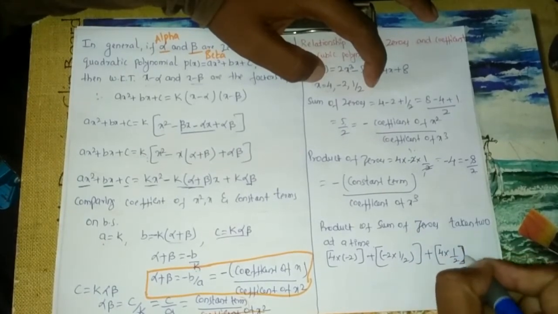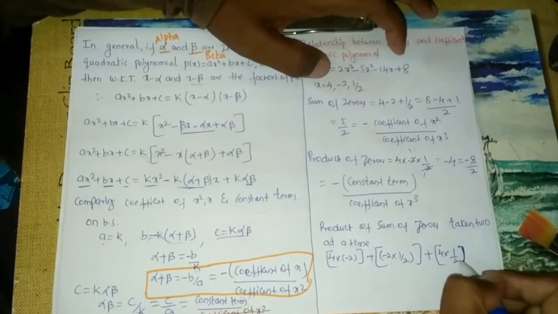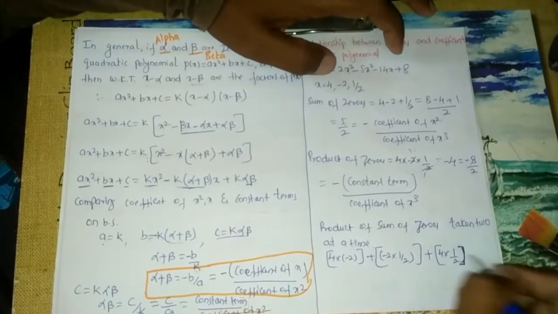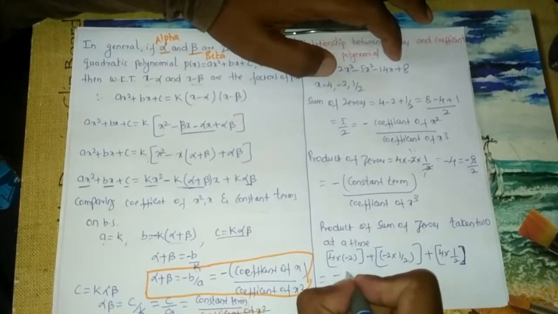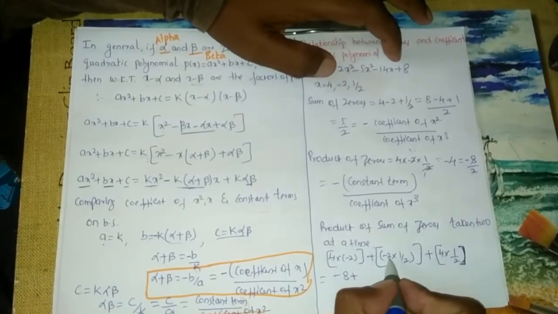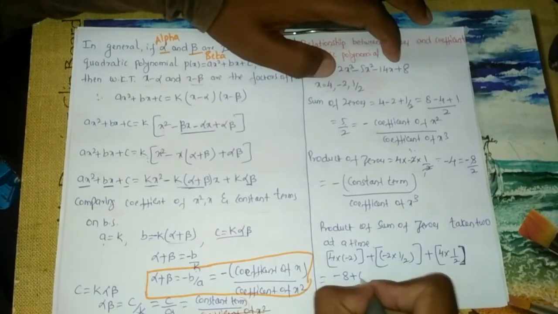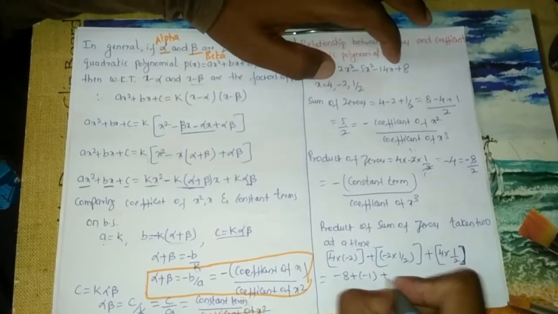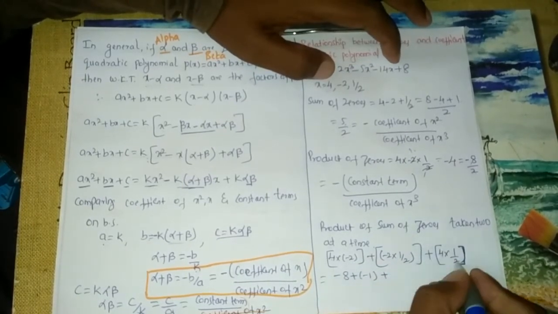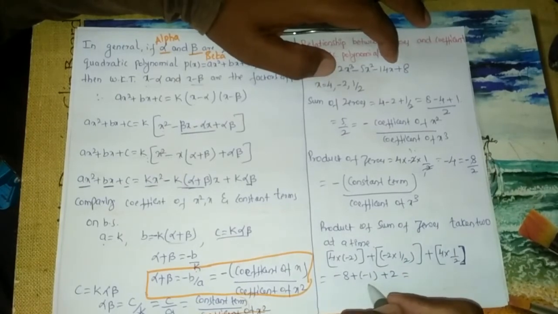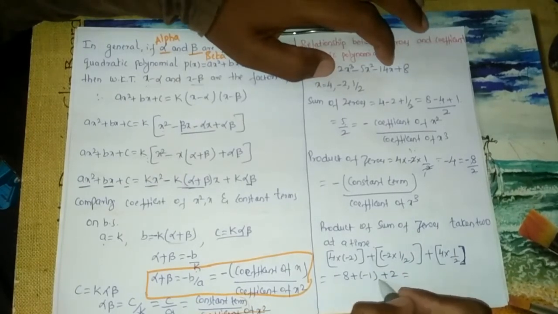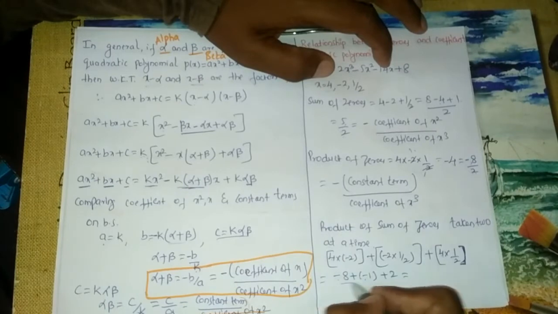Okay, doesn't matter. So 4 into 1 by 2, what I will get, this is minus 8 plus minus 1 plus this is 2. So I get minus 8 minus 1 is minus 9.